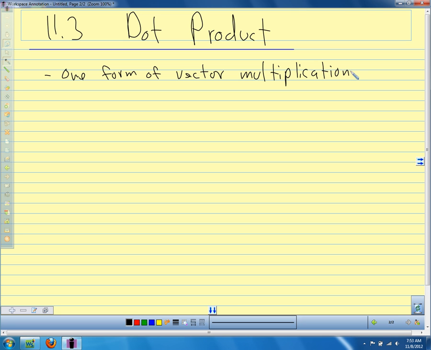And the dot product will turn out to be interesting and useful for various things that we're interested in doing. So let's define the dot product.